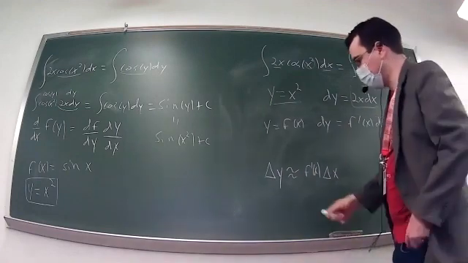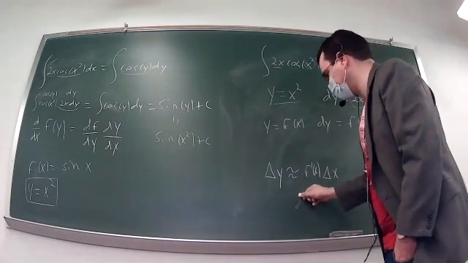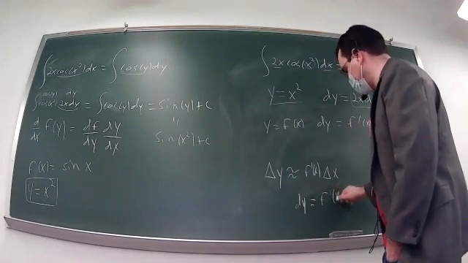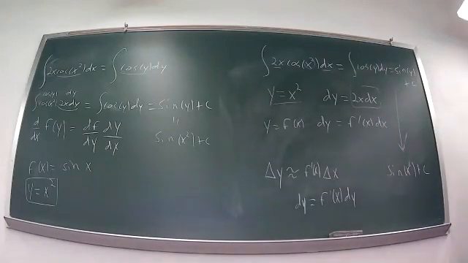And we denote that process of taking a limit by writing that dy is literally equal to f prime of x times dx.